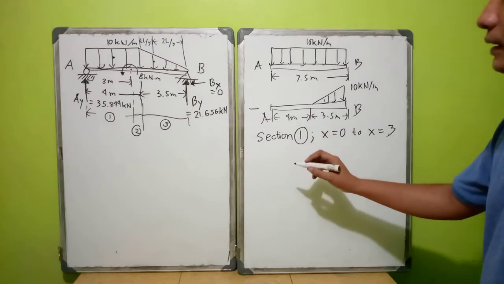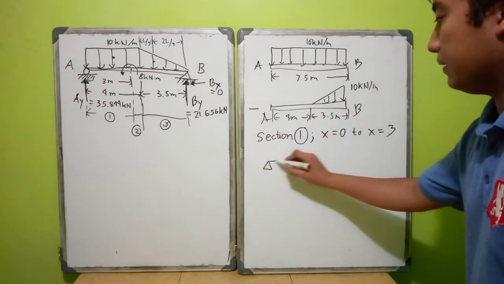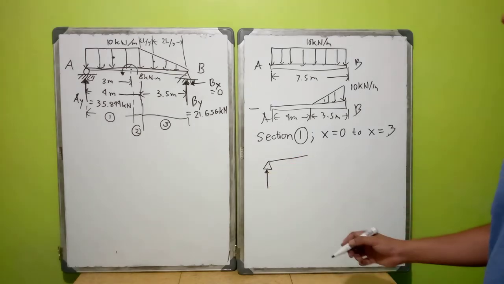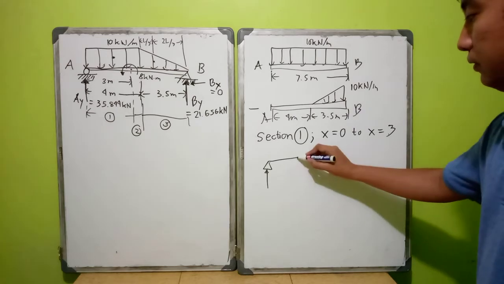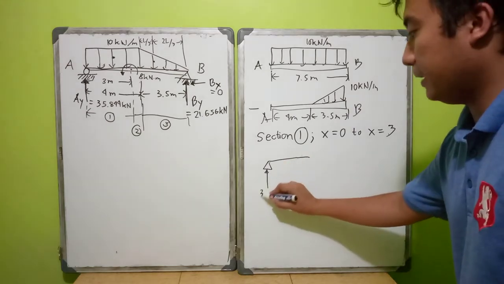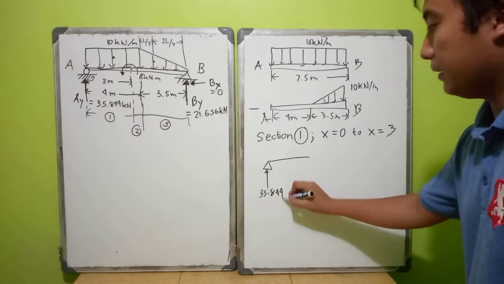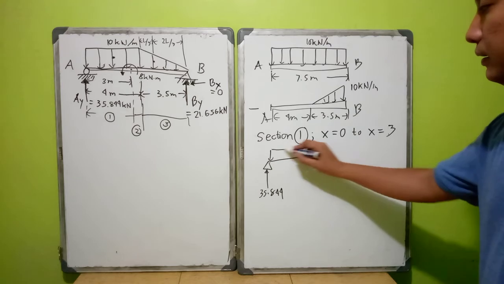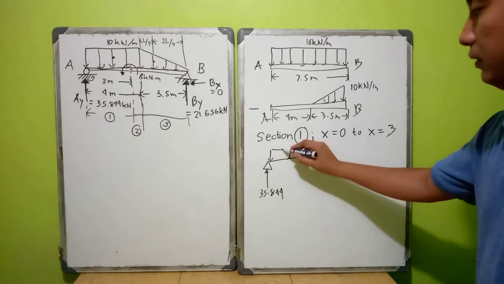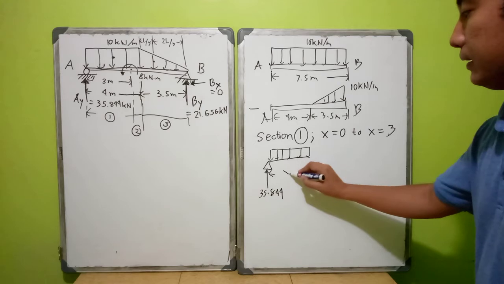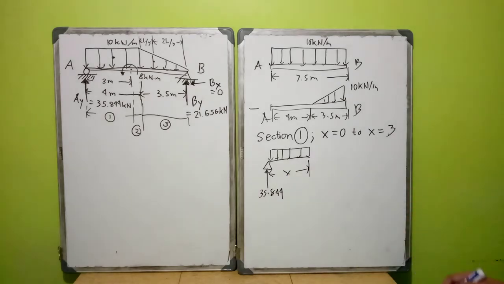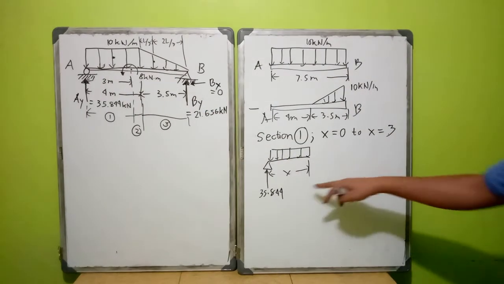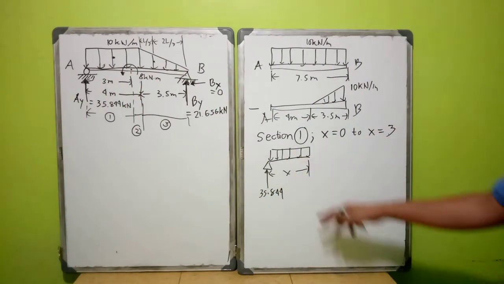So let us say we start at A, which has 35.844 kilonewton, and then there is a distributed load at any value x. So this is section 1. Since there is no horizontal loading, we take it as it is.